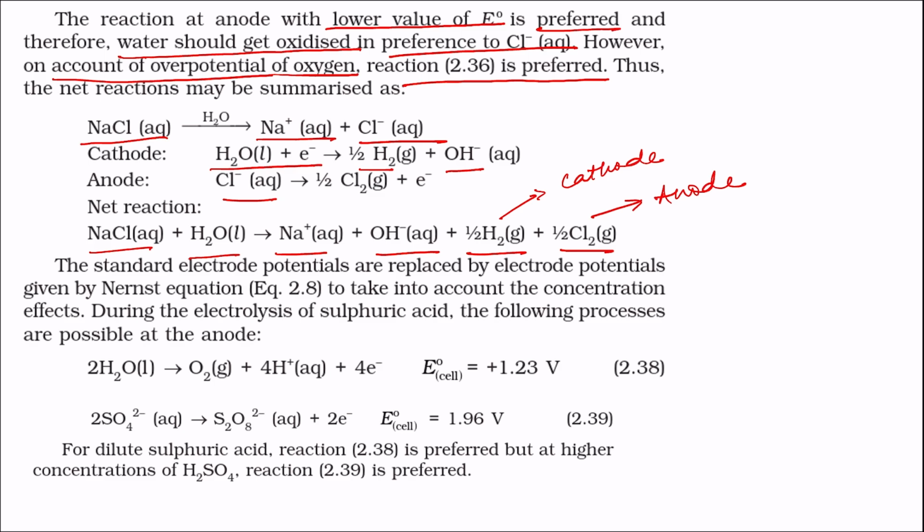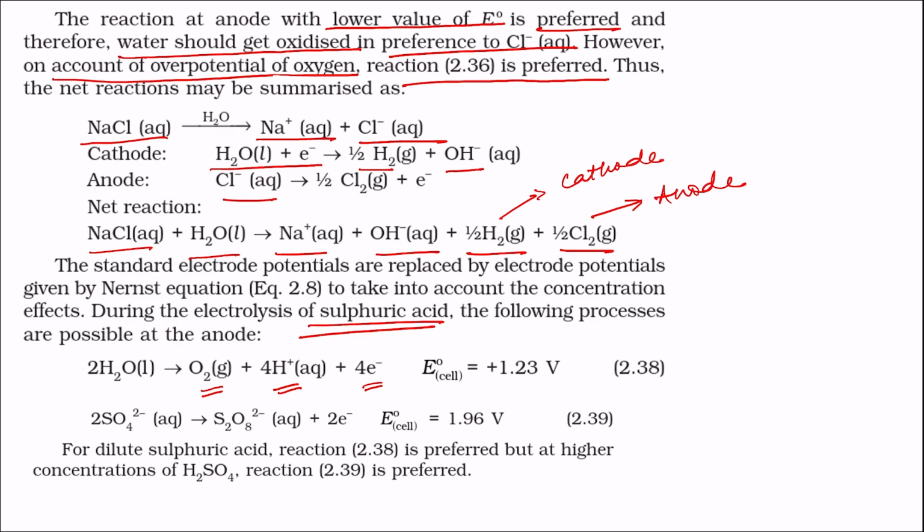During the electrolysis of sulfuric acid, the following processes are possible at the anode: H2O getting oxidized to oxygen, 4H+ ions are formed plus 4 electrons, and SO4 2- ions changing into S2O8 2- aqueous and giving 2 electrons.